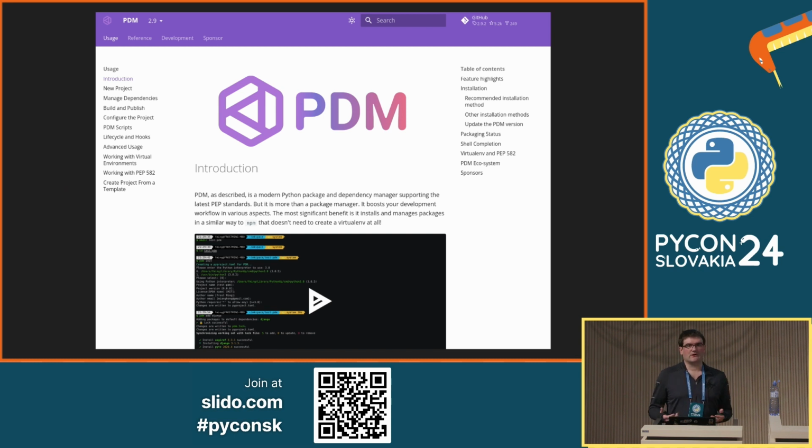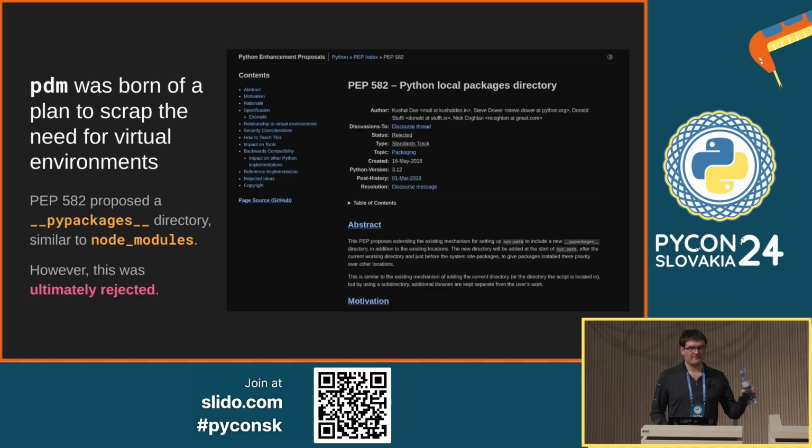And so coming on to a tool like PDM, you can see the homepage for it there. PDM was actually born of a plan that was published in PEP 582 a few years ago that was ultimately rejected, which I think was a shame for the Python ecosystem generally.